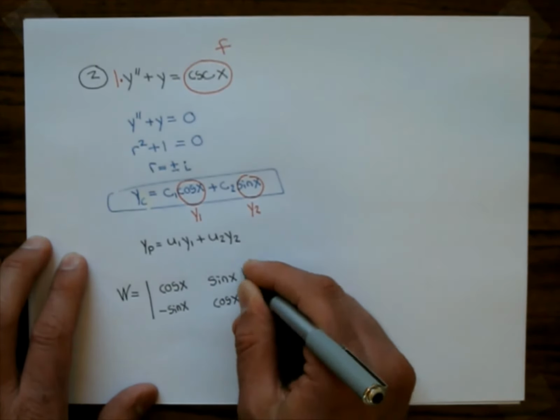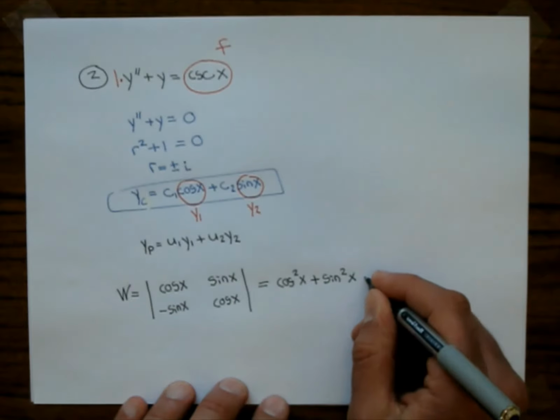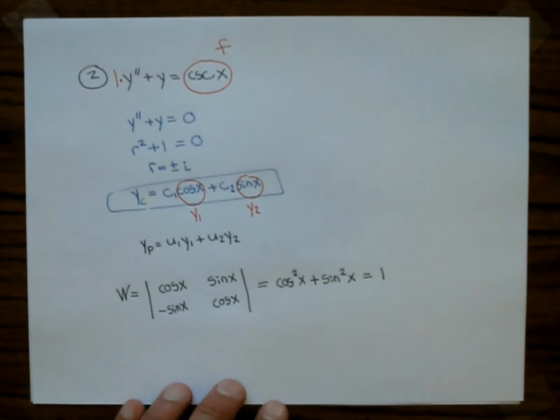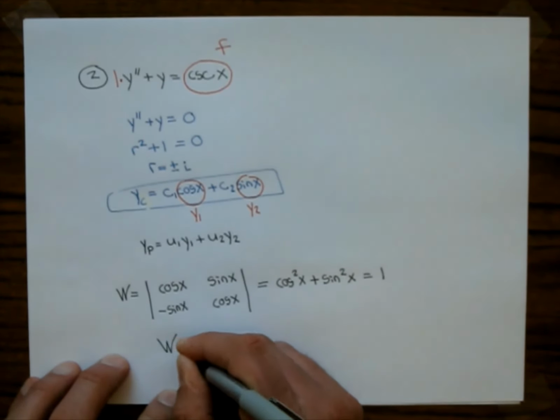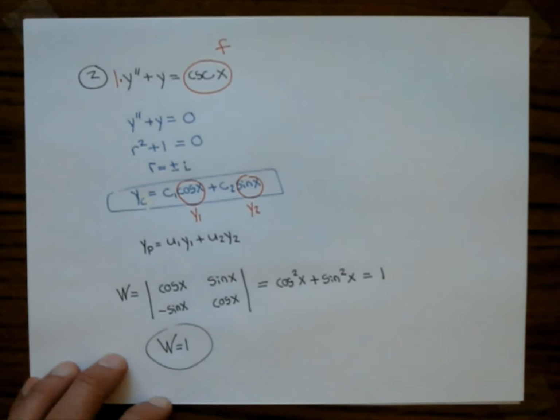Now we have a square matrix, so I'm going to take the determinant, which is cosine squared x minus a negative sine squared x, so it's actually plus sine squared x. Hopefully you recognize this, cosine squared plus sine squared is 1. So the Wronskian equals 1. That completes step 5.